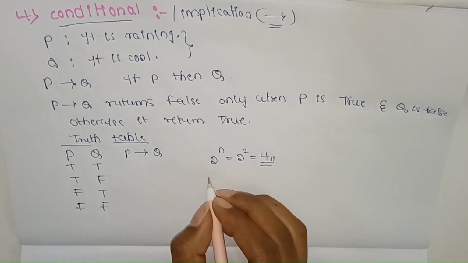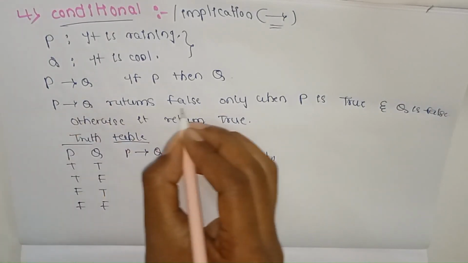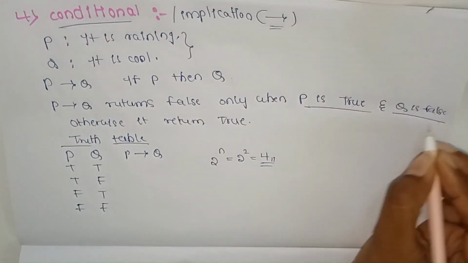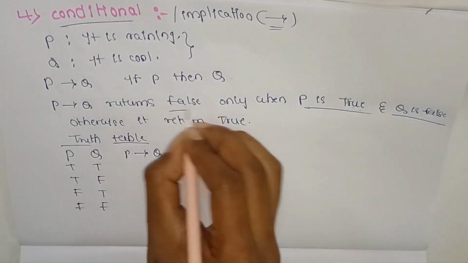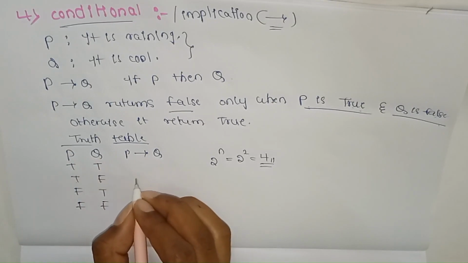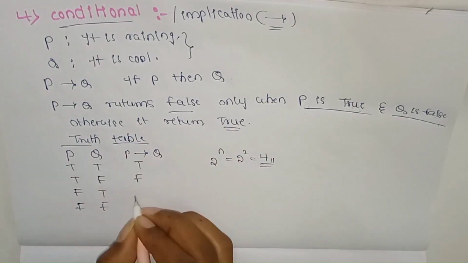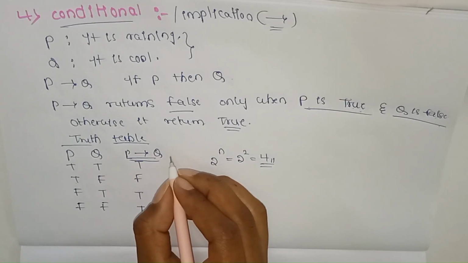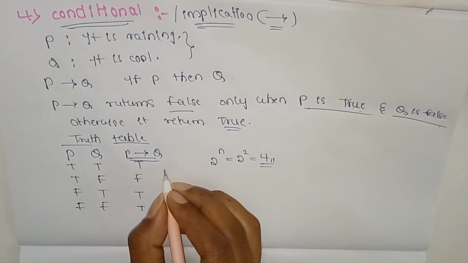Our condition is, P implies Q returns false only when P is true and Q is false. Search for these conditions. When P is true and Q is false, it returns false. So here P is true and Q is false, it returns false. Otherwise, it returns true. So P implies Q is the output of applying the implication or conditional operation.